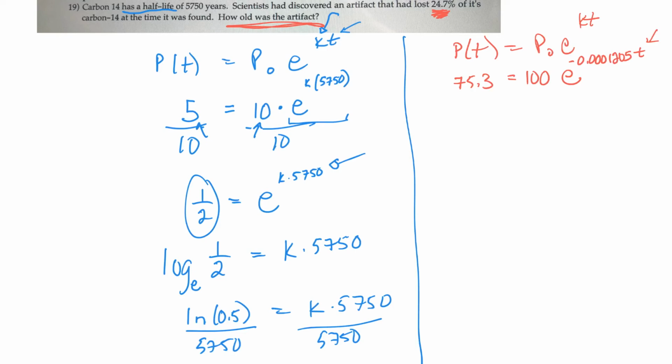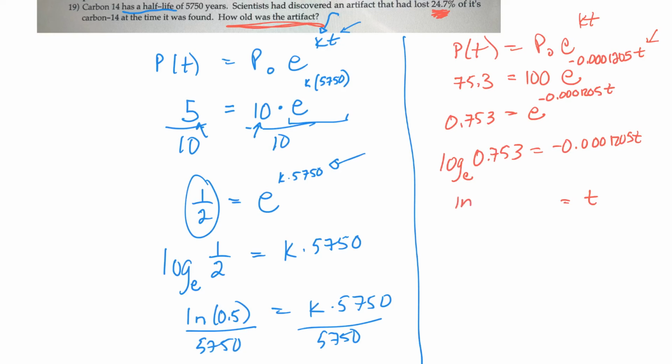Divide both sides by 100, so I'll get 0.753 is equal to e to the negative 0.0001205t. Change to log form, so log base e of 0.753 is going to be equal to negative 0.0001205t. To divide, so this will be ln of 0.753 divided by negative 0.0001205.